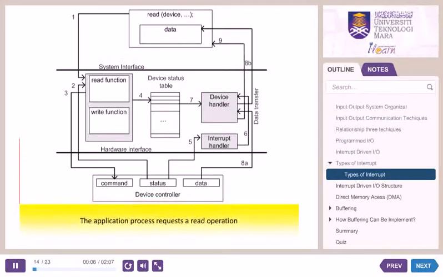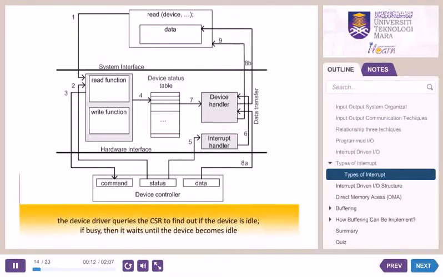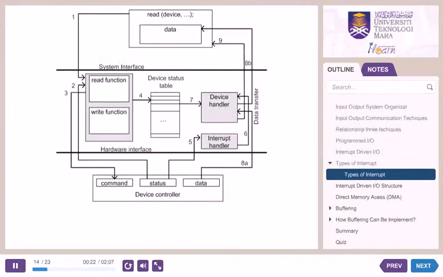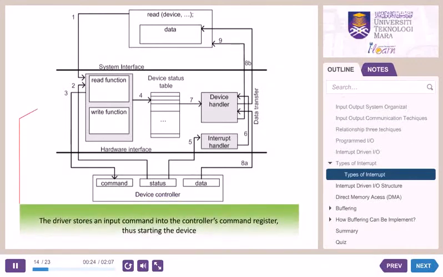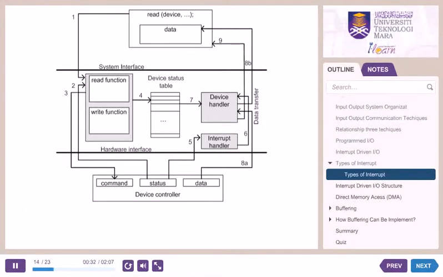1. The application process requests a read operation. 2. The device driver queries the CSR to find out if the device is idle. If busy, it waits until the device becomes idle. 3. The driver stores an input command into the controller's command register, thus starting the device. 4.